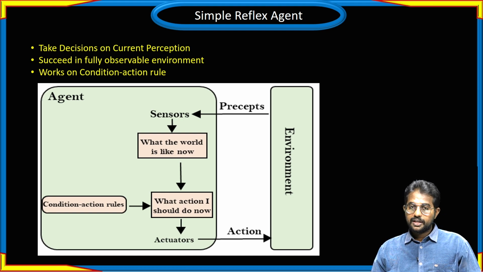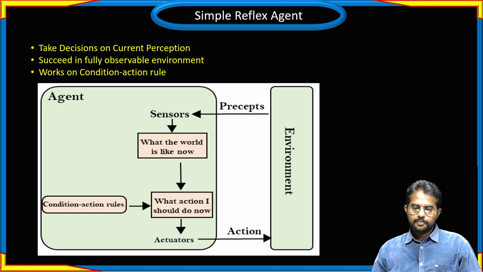Based on the current perception data, it will always act upon the current perception data. Whatever the sensed data is, based on that sensed data, I will take the action. An example for this is the automatic AC room, which can be implemented using a simple reflex agent.